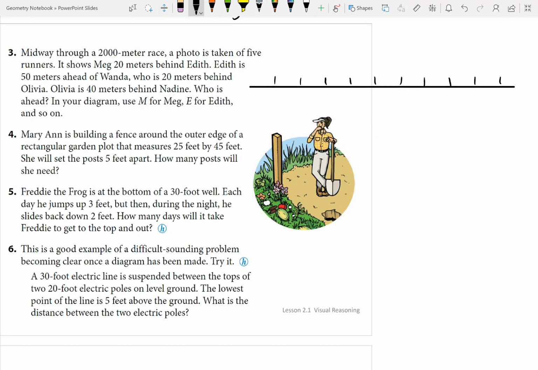All right, so here's a little line here.